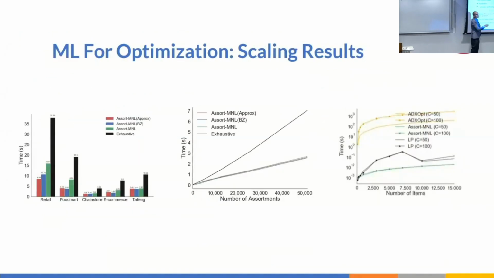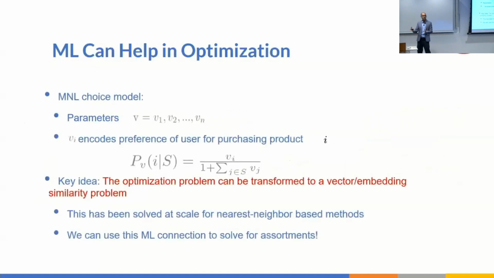No, so this MNL enables that mapping to a nearest neighbor problem. Other richer choice models that I'll show you next, like a deep learning based model, don't map to nearest neighbor search. Okay, and in the field of optimization, people always do what are called reformulations. So you write an original problem, maybe it's an LP with some set of constraints.